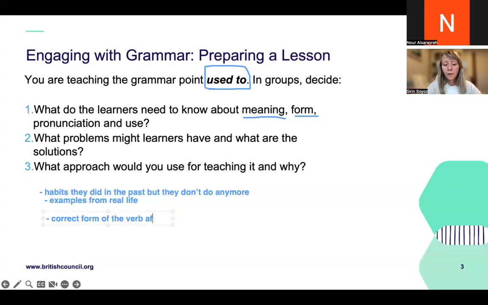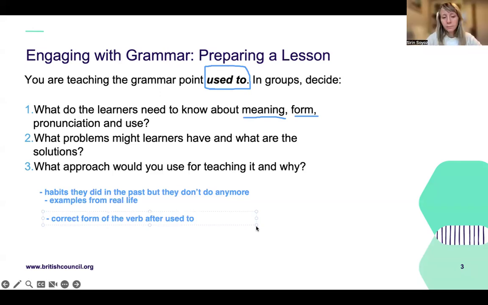Or maybe I could show them multiple sentences and ask them to guess what is similar between these 4 or 5 sentences.